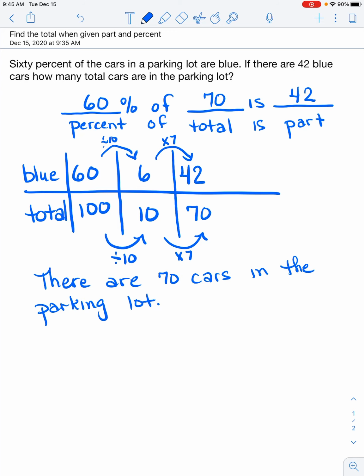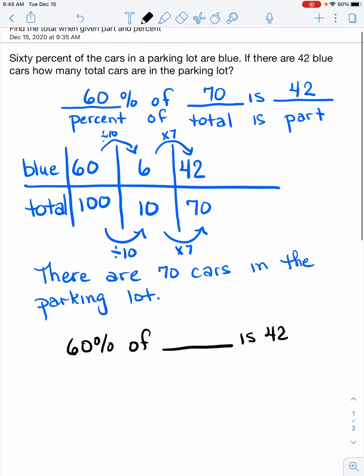Let's take a look at how we would do it with a tape diagram. Okay, so we have the same thing. We have to find the total, and we know 60% of it is 42.